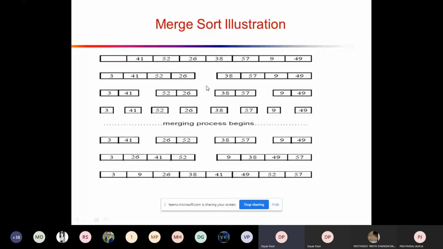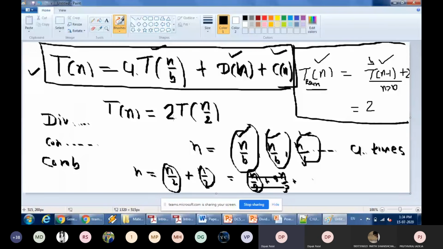So we have n by 2 and n by 2, two such partitions, and we are recursively calling it to solve them. Two partitions have to be solved recursively.